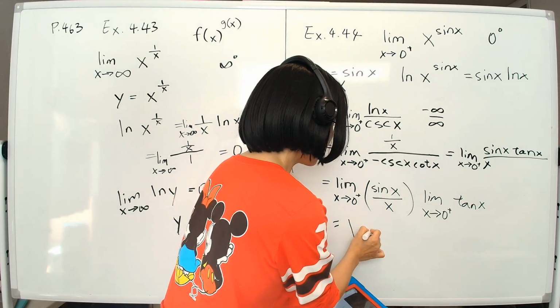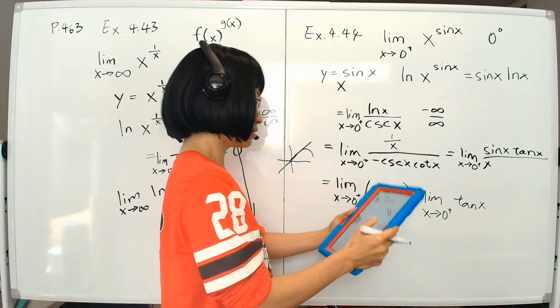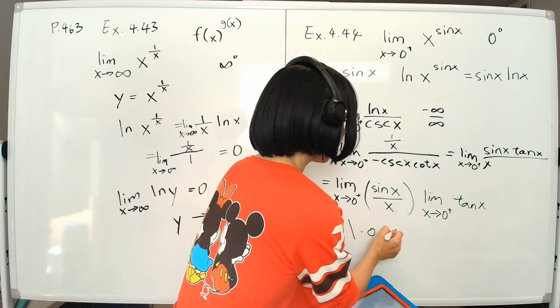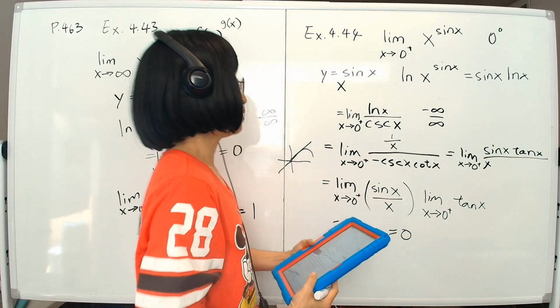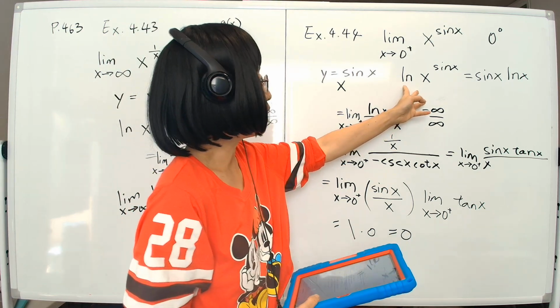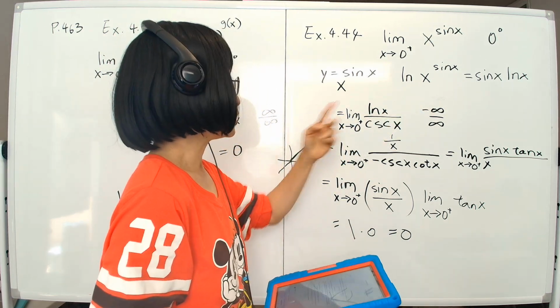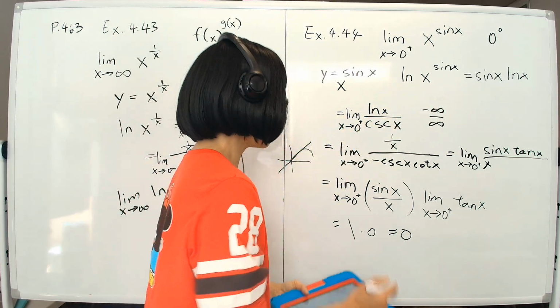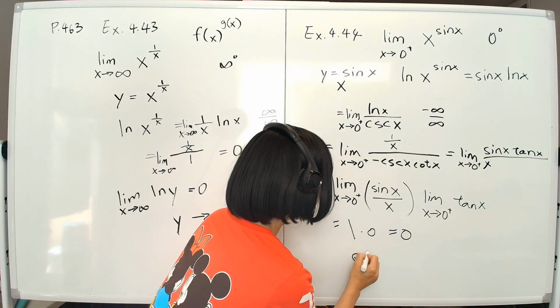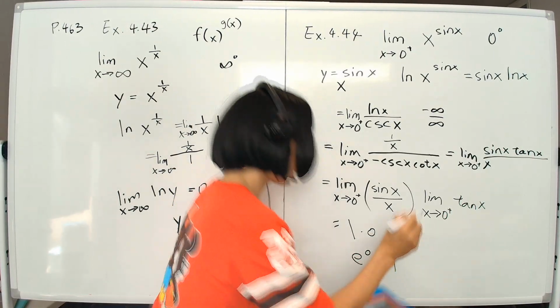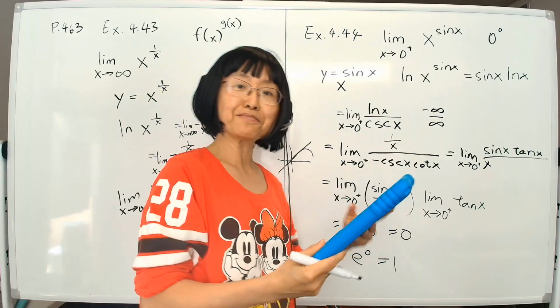So it's 1 times 0, and the answer is 0. Now, the natural log approaches 0, which means the function itself approaches e to the power 0, which is 1. And that's the final answer for the example.